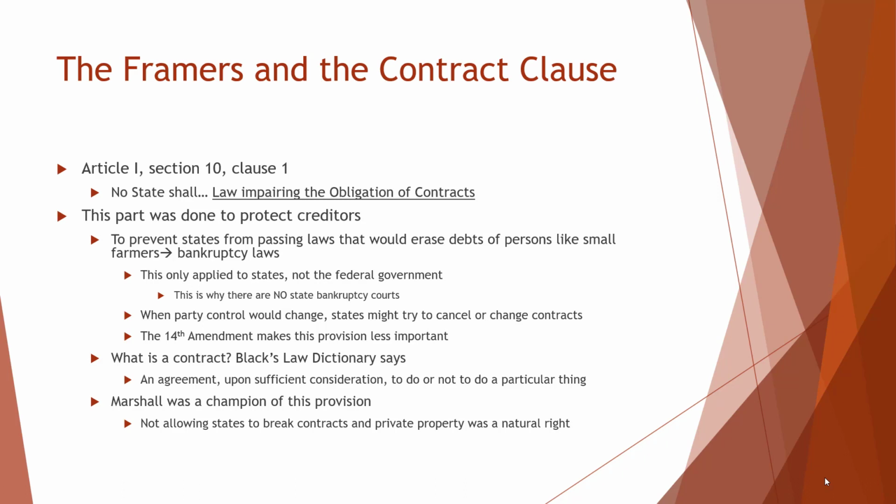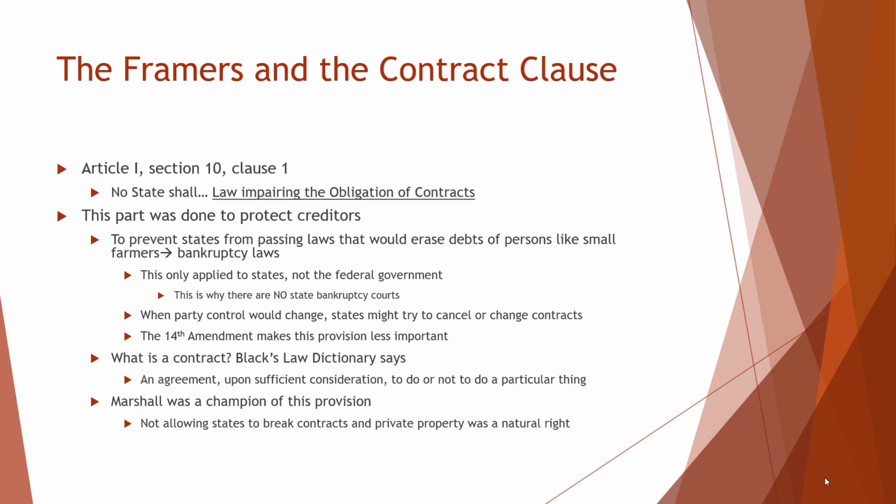But what you saw is that the founders were largely people of means. And if you're somebody of means, often you are going to be a creditor. There are often a lot more debtors than creditors.